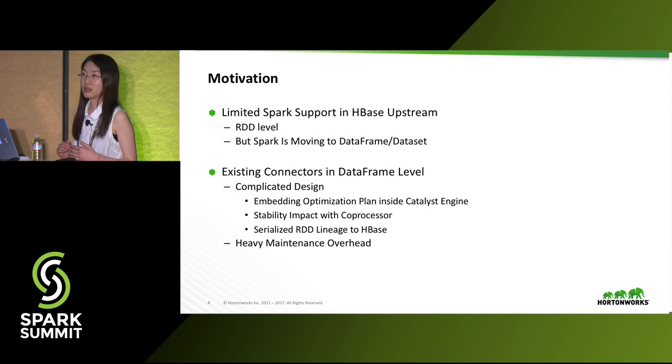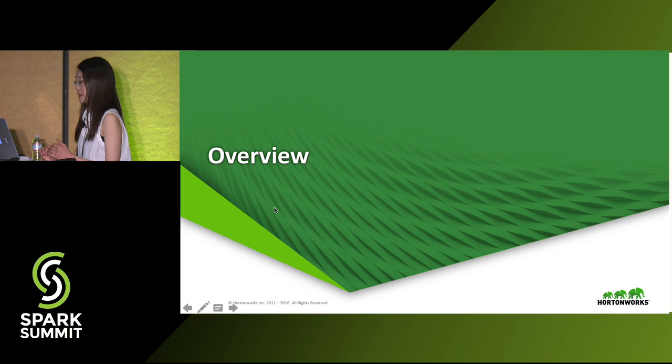Those approaches are able to achieve high performance. But as we know, Spark evolves very quickly, and it's very difficult for them to maintain due to the complexity. So we had to develop a new connector to overcome those potential bottlenecks and weaknesses.